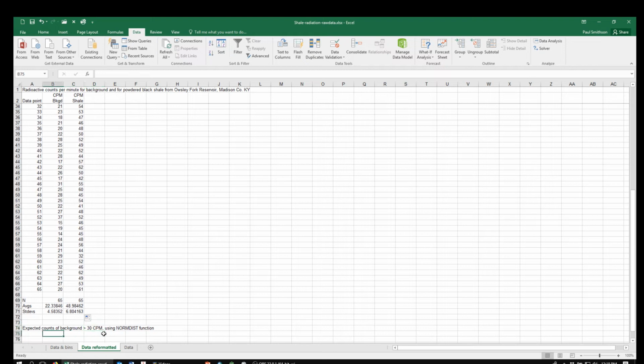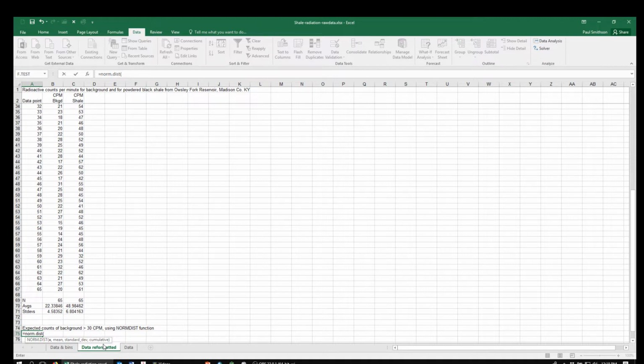Alrighty, so the function is called norm.dist. There's an older one without the dot, but what we want to do, I'm going to say equals norm.dist, and my test statistic, I want to see the overlap of the background with the lower end of the shale counts.